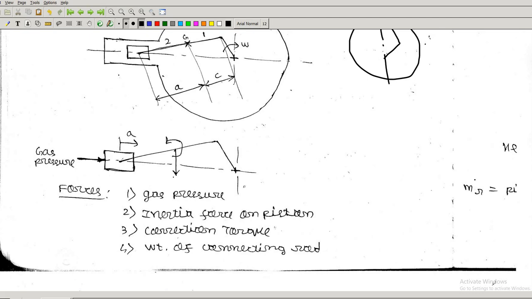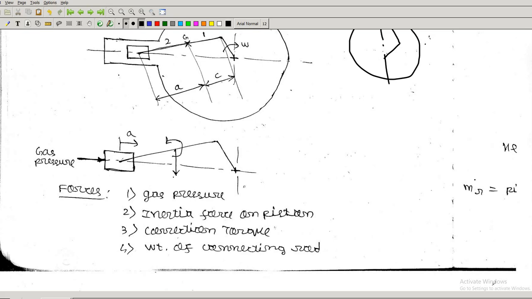Actually we'll assume the crank, connecting rod, and piston to be static, and the forces due to acceleration are acting on it as inertia forces, and we'll consider it as a problem of statics.